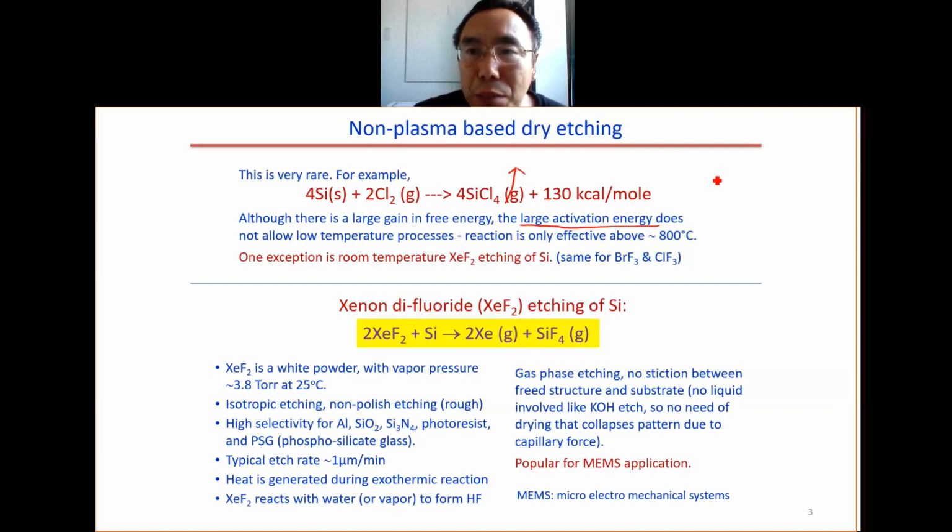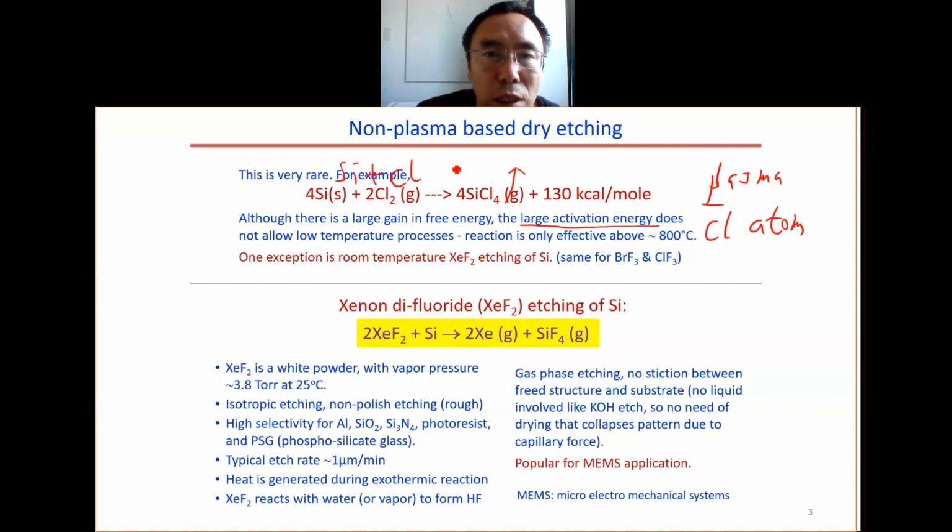But when we have the plasma, there will be chlorine atoms, and a chlorine atom will react easily with silicon to form silicon tetrachloride.